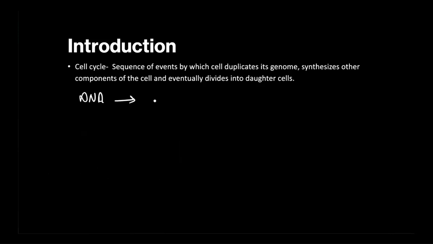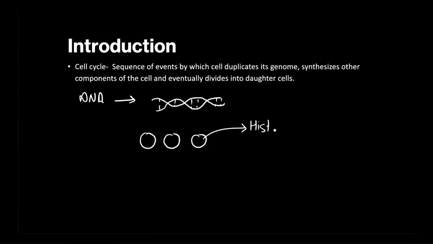DNA is a thread-like structure which is double-stranded and contains genetic information. It is our genetic material. Now, when this DNA wraps around some proteins, these proteins are called histone proteins. When DNA wraps around histone protein, this structure is called chromatin.